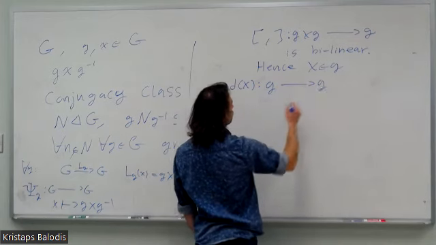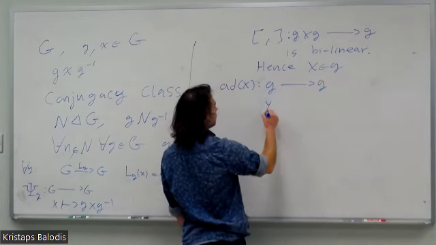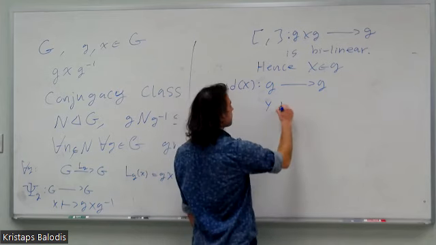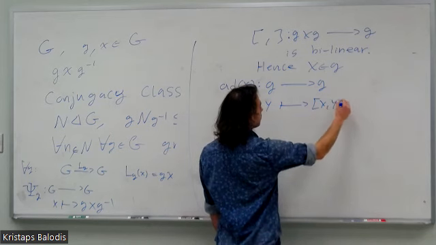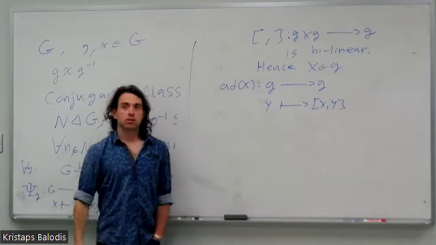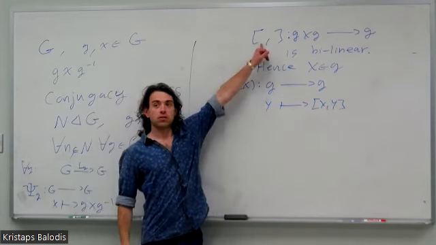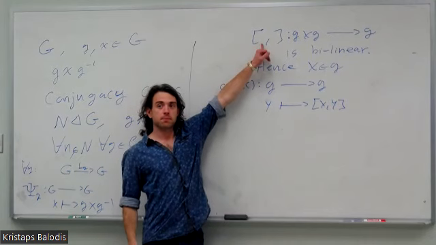It's going to go from G to G, and what it's going to do, it's going to take an element y and send it to x bracket y, right? So I'm just fixing the first term in this bracket.